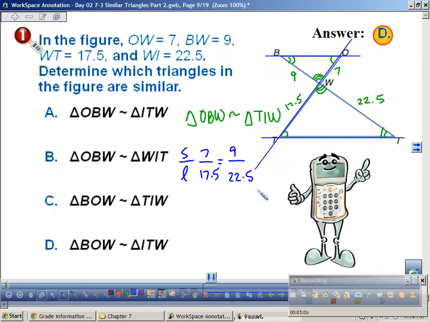And at this point, I would just take out my calculator and say 7 divided by 17.5 equals 4/10, and that should equal the same thing on the other side, 9 divided by 22 and 5/10, and it does. Okay? Is that clear? You just got to set it up and then check.